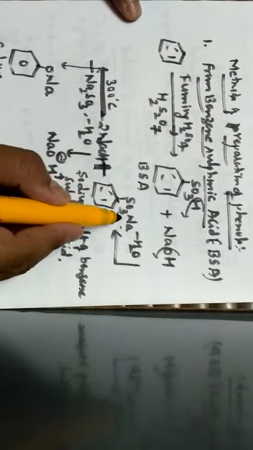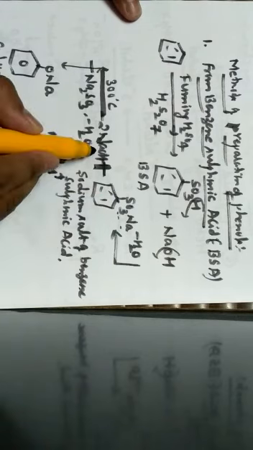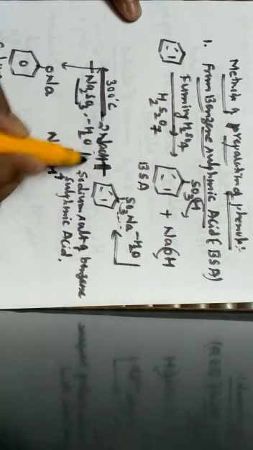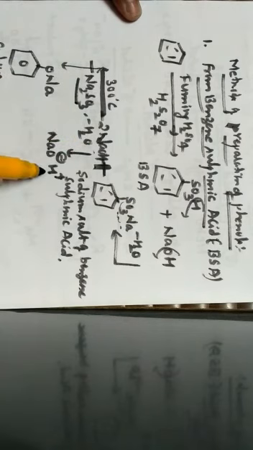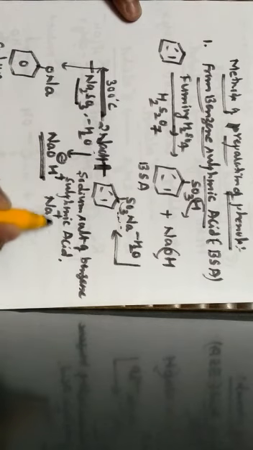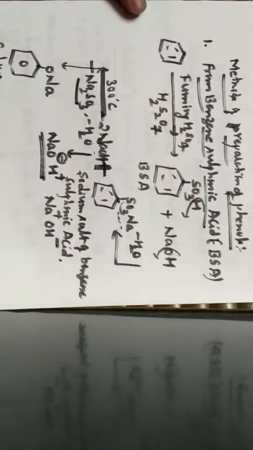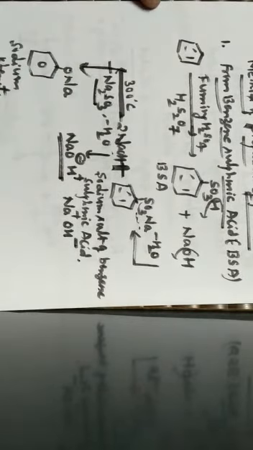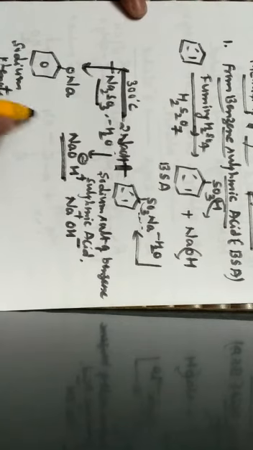One more Na will bind with this, because here one more NaOH is there, which will be eliminated as what? Na2SO3, and one OH will be left, which is taken as H plus. It means that one molecule ionizes as NaO minus and H plus, and another molecule will ionize as what? Na plus and OH minus, so that Na2SO3 gets eliminated along with water, so that the intermediate which is obtained is known as sodium phenate.